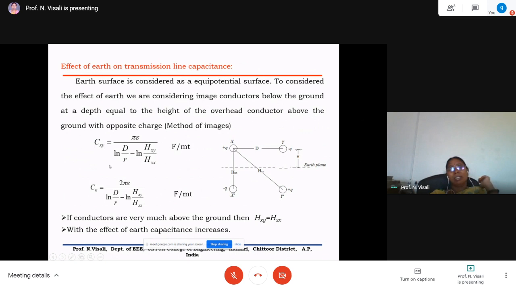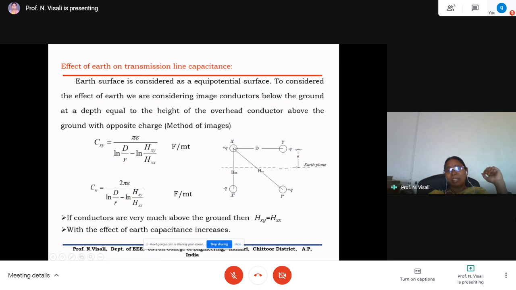When the earth is not there, this value becomes 0. Then the neutral capacitance is nothing but 2 pi, already we know, twice the conductor capacitance. If conductors are very much above the ground, meaning the height is very high, then the difference between these two heights is approximately equal.